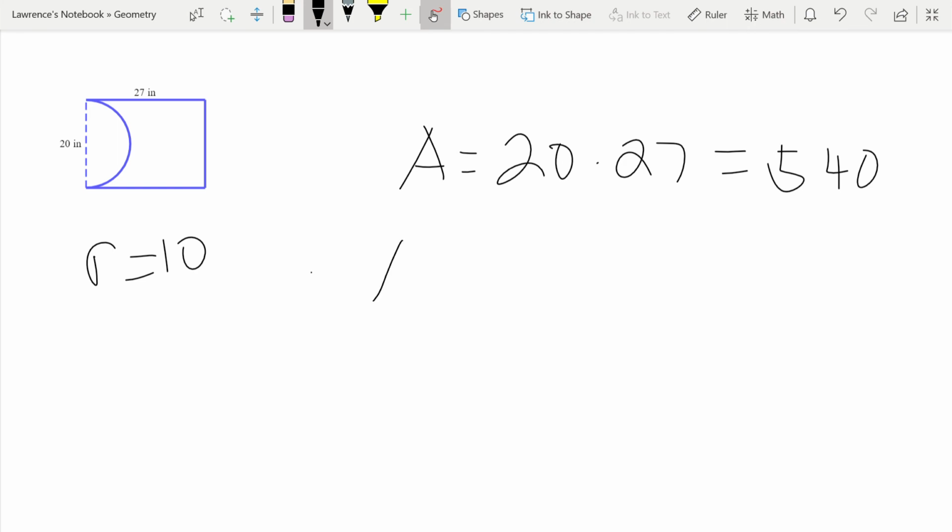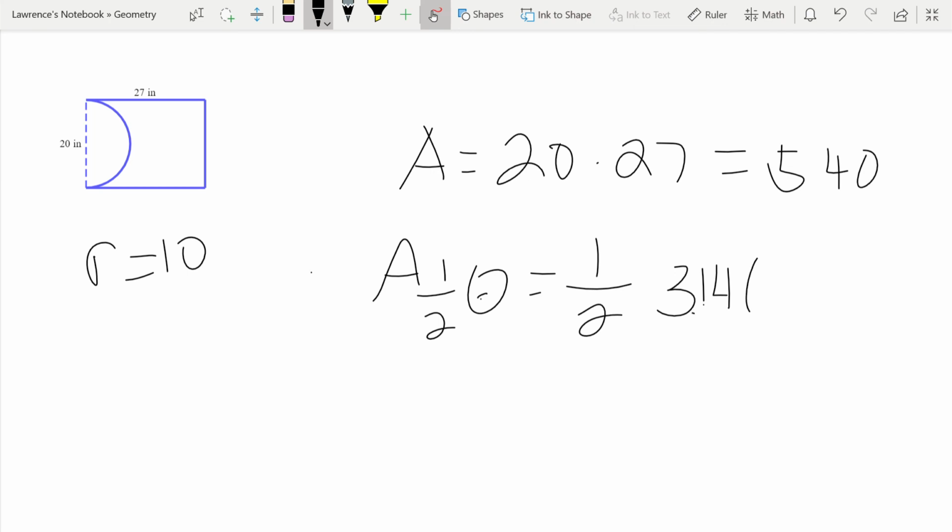Now the other part is a half circle, not a whole circle. So the area of the half circle is 1/2 times 3.14 times 10 squared. 0.5 times 3.14 times 10 squared is about 157.